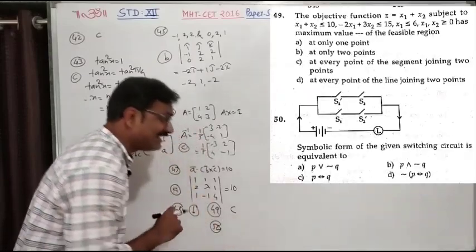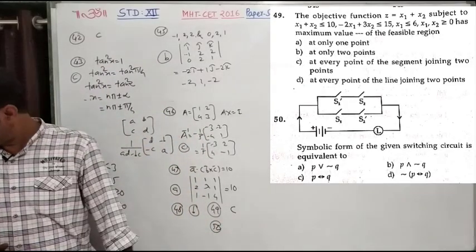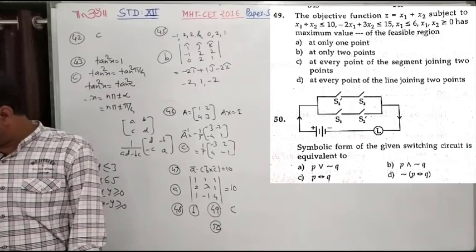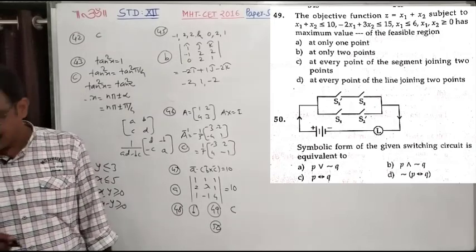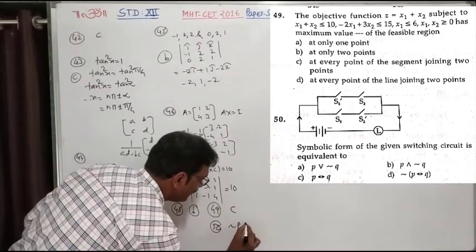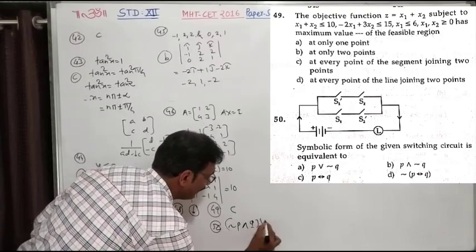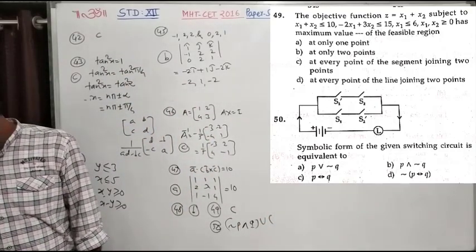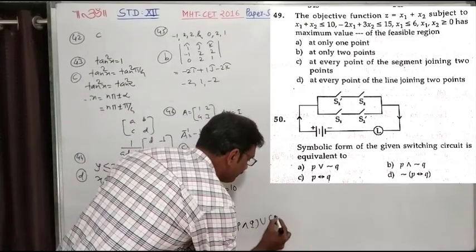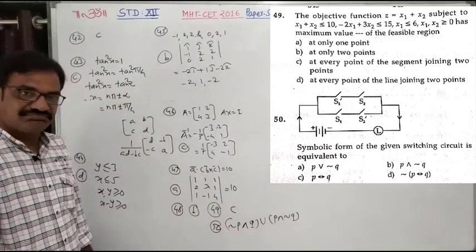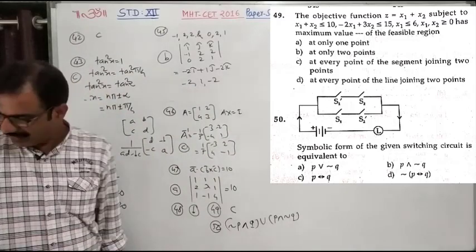Last but not least, question number 50. The symbolic form S1 dash means it is negation of P and Q, or S2 dash means it is P and negation of Q. This will be your answer.